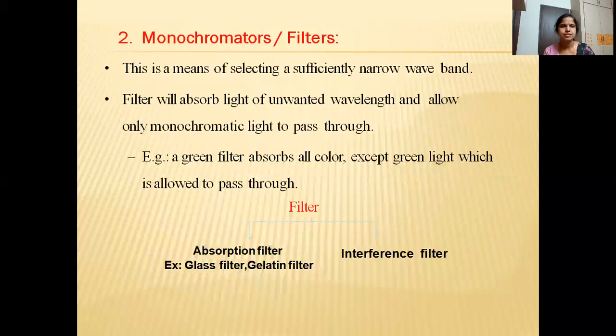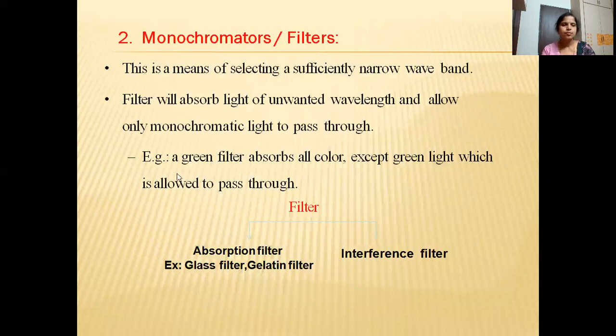Then monochromators. As I told you, the use of monochromators helps in the selection of only one single wavelength of light. It has prisms and filters, which help cut down all the unwanted light.